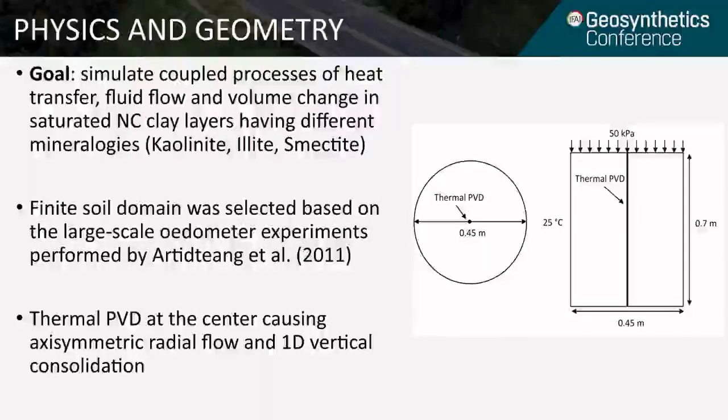We considered a finite soil domain based on the large-scale odometer experiments of Art Diang et al. A thermal PVD was located at the center, causing axisymmetric radial flow and one-dimensional vertical consolidation.